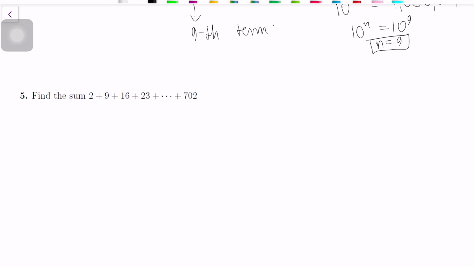Okay, let's look at finding the sum. So now to find the sum, you do have to follow this Gauss's idea, but you also have to know how many terms you have in the sum. So it goes back to what we just did.